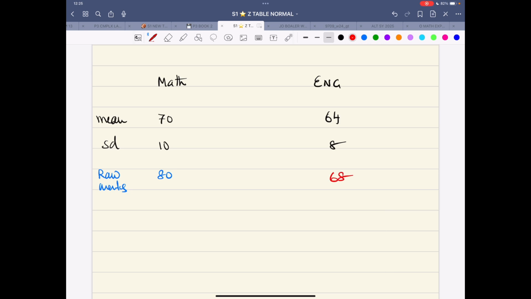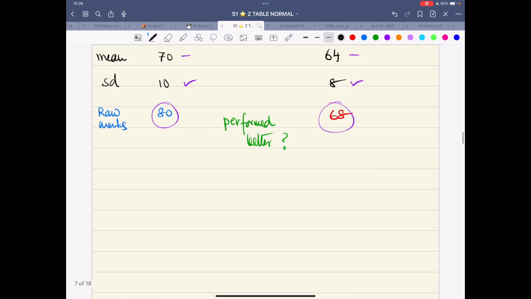Now, I need to understand in which subject he performed better. I'm not sure. Why? Because the means are different, the standard deviations are different, the scores are different. How can I judge?